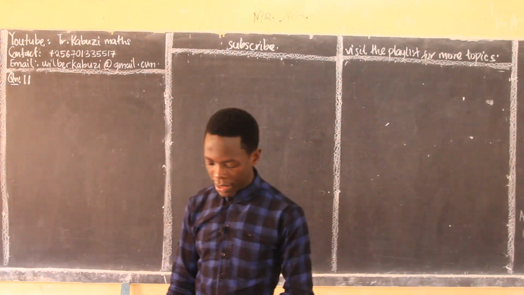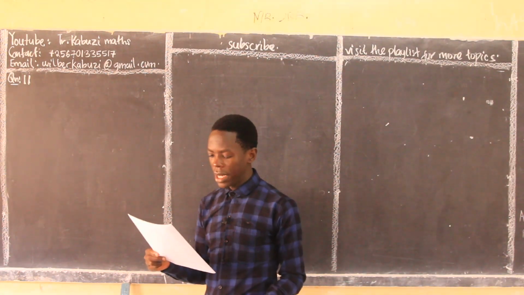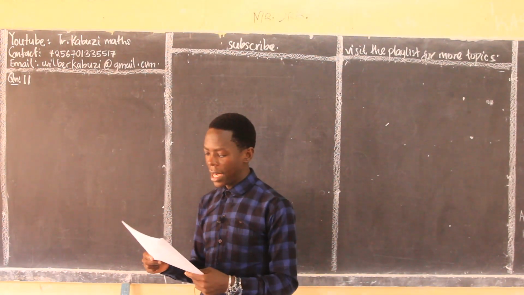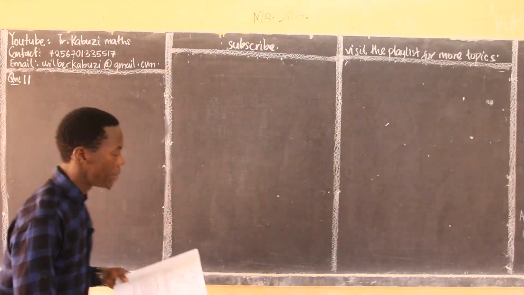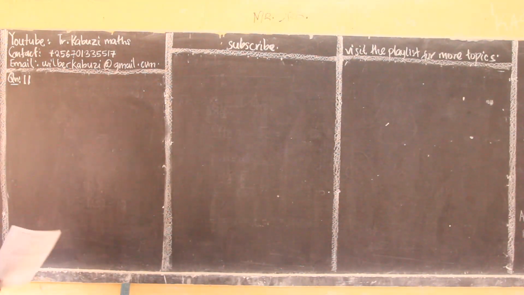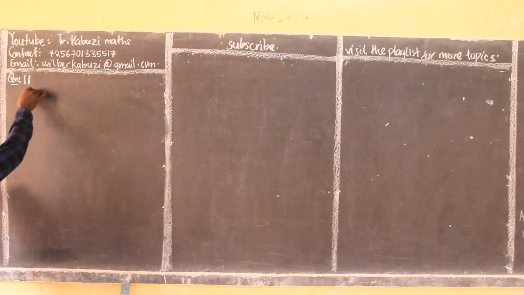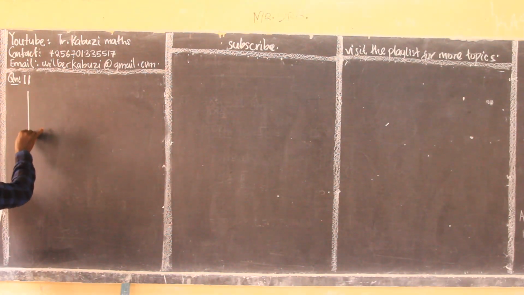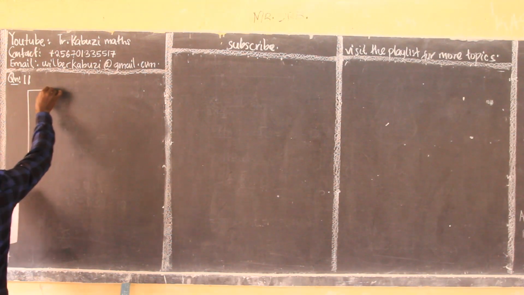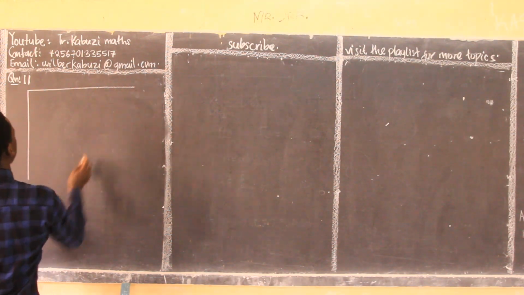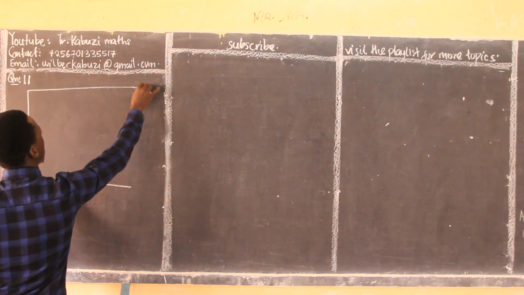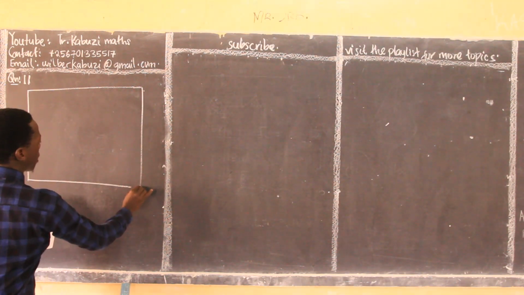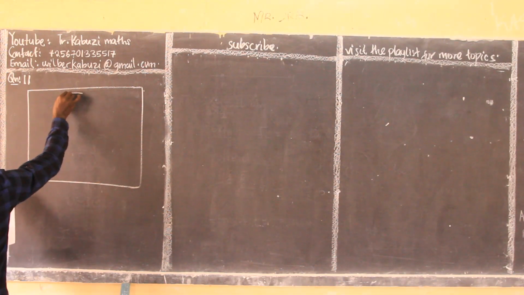It says, a class over 100 students sat an exam which was made up of 3 sections. So we are going to represent our information in the Venn diagram. So we start by drawing our Venn diagram. I have 3 sections.